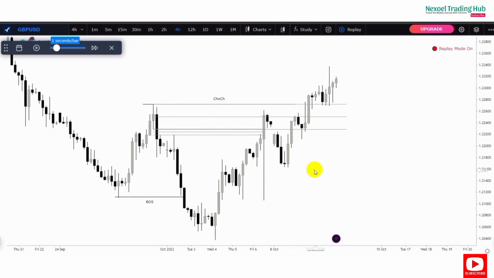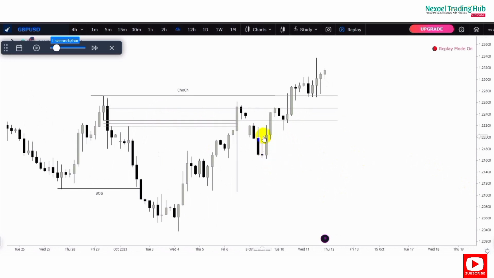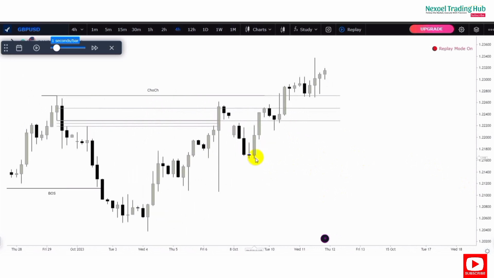The actual place where we have a valid order block is this particular zone here. You can see this candle sponsored a move to the downside that swept the low of this candle, where you can see that price returned, filled up the inefficiency here, and then price mitigated the order block here.